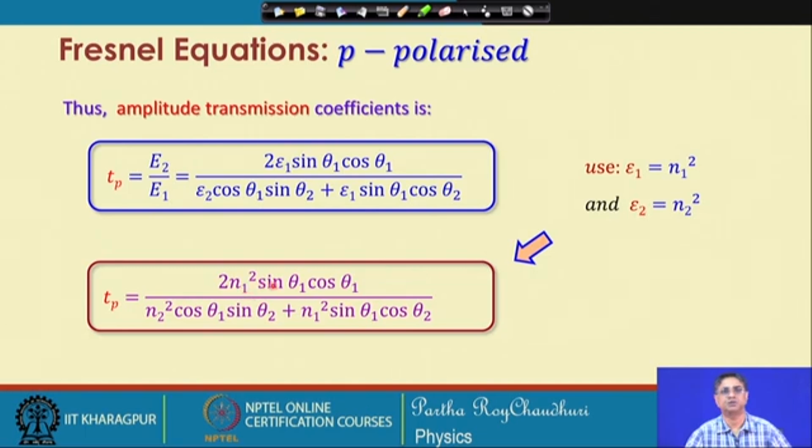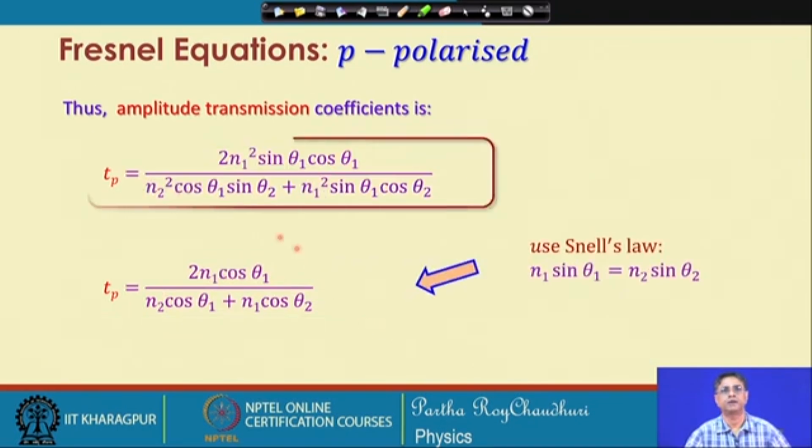So, twice n1 square sin theta 1 cosine theta 1 divided by this denominator, and we will again use Snell's law to have a reduced form of this equation. If I use Snell's law, you can see that n1 sin theta 1 will be equal to n2 sin theta 2.